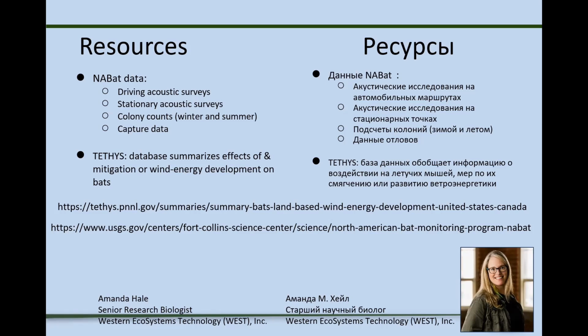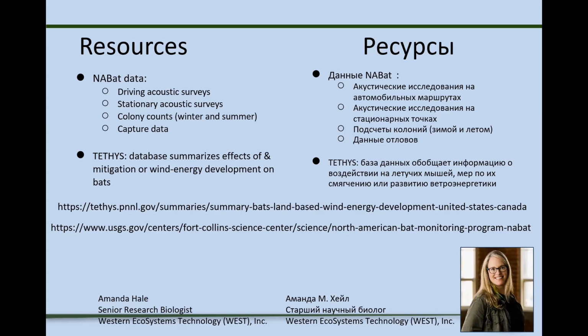And then there is the TETHIS database that summarizes the effect of mitigation and wind energy development on bats. The links to this are in this PowerPoint, but all of this will be available on the ACBK website, so these links will be accessible.